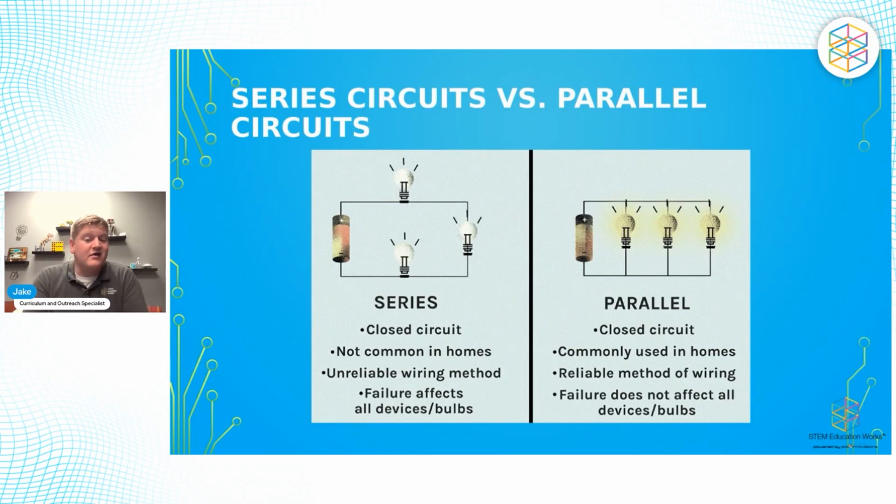And so if all of these light bulbs are identical and they have the same amount of resistance, then you could say that the voltage drop across the first light bulb would be 4 volts. Let me say that again. It's going to be 4 and then 8 and then 12. And so that's going to add up to the total voltage that we're getting from our battery. And in this case, we would have a 12-volt battery.